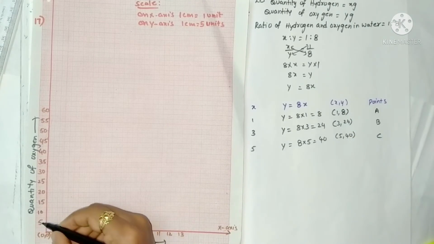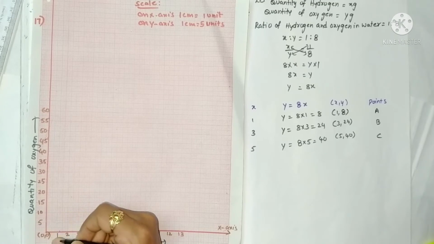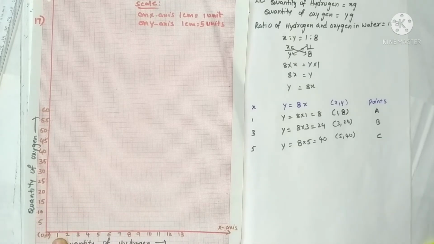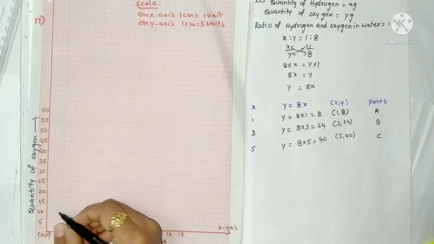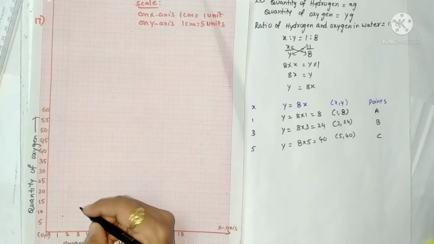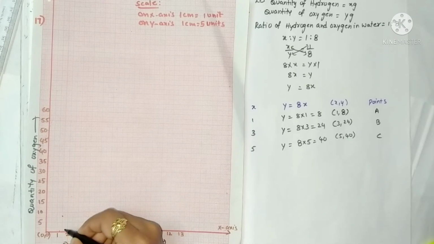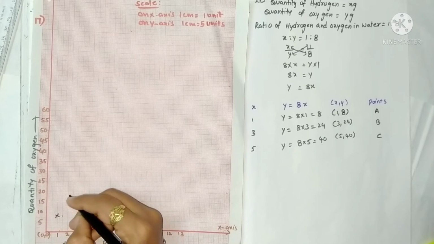Here it is 5 and 10. Between 5 and 10 lines are there. So 2 lines count 1. Okay. So after 5, 6 lines means it is 8. Sorry, this is 1 now. So this one.